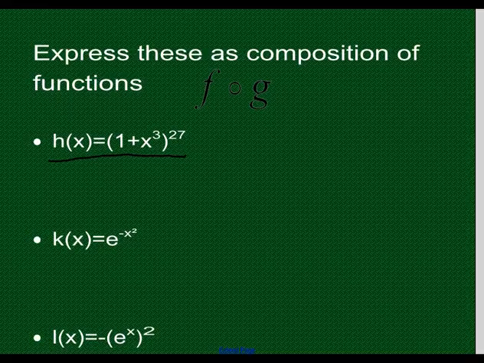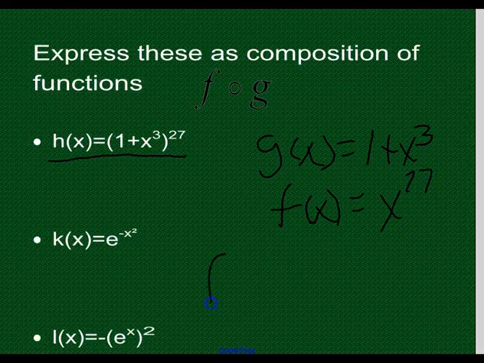But we could say maybe g of x could be 1 plus x cubed, and f of x is x to the 27th power. So that f composed with g of x, we're just taking g and plugging it in for x in the f of x expression.